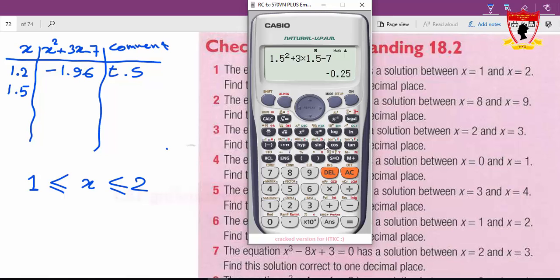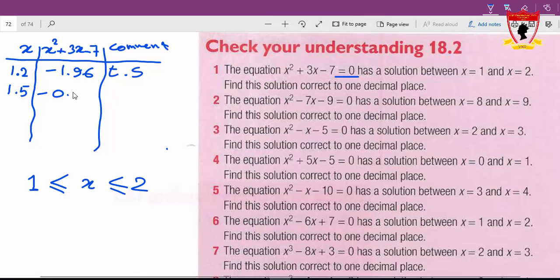We are approaching 0, as negative 0.25 is closer to 0 than negative 1.96. So here we get negative 0.25. We can say it's too small, because we need something like 0.01 to be too close.